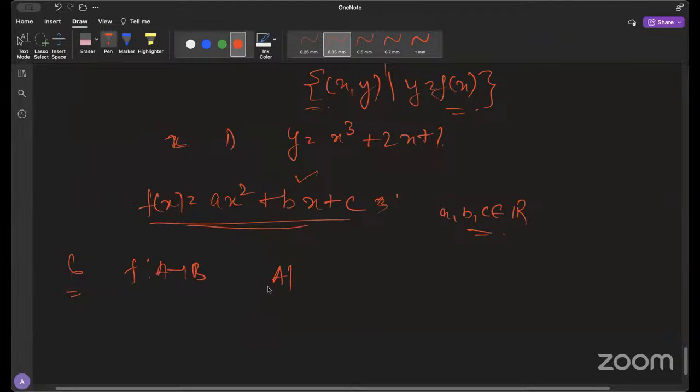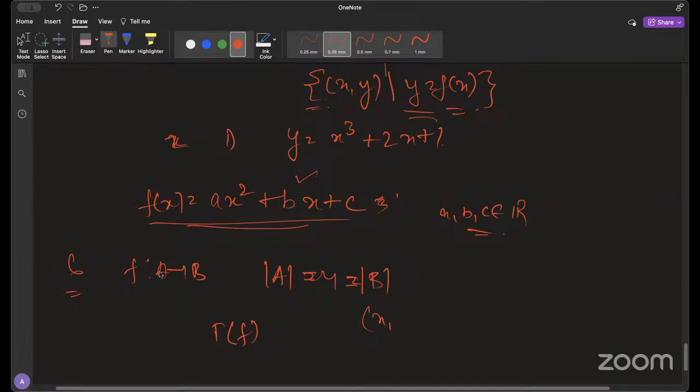The cardinality of A is 4. The cardinality of B is 4 as well. What is the cardinality of this thing, where this thing is the graph of f? So the graph of f is (x, y), we just discussed it, it's here.